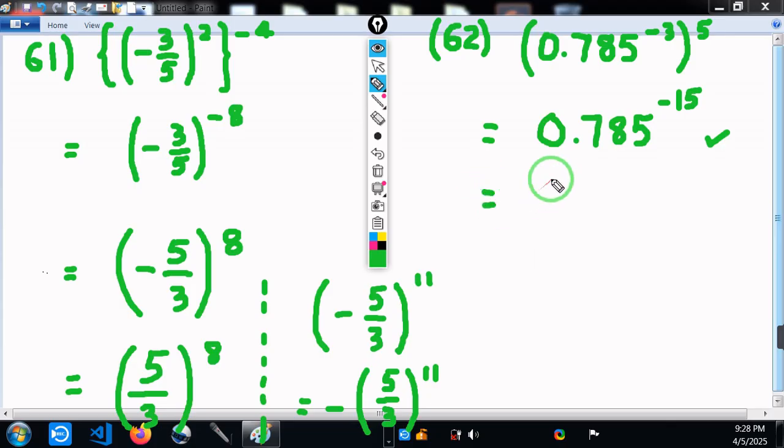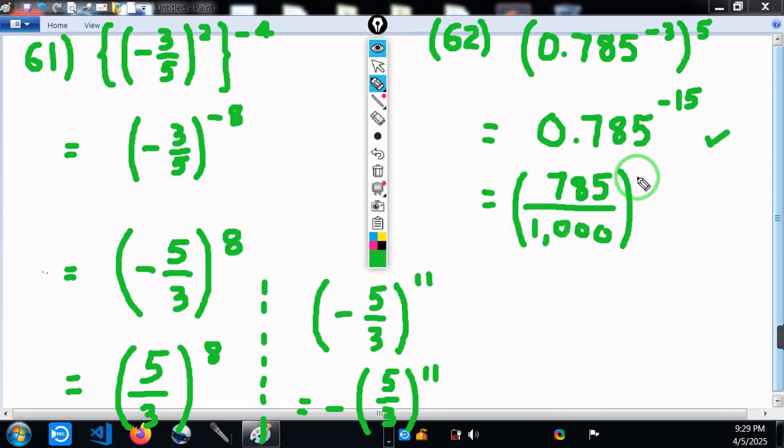If you want, so it will become 785. 1, 2, 3. So I'll put a 0 here, a 0 here, and a 0 here to balance up. Then a 1 here. That's 1000. Okay, then over here, pardonnez-moi, is going downstairs. Like that. And here is minus 15.